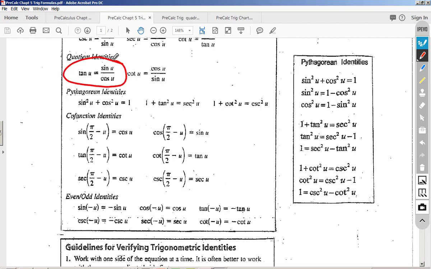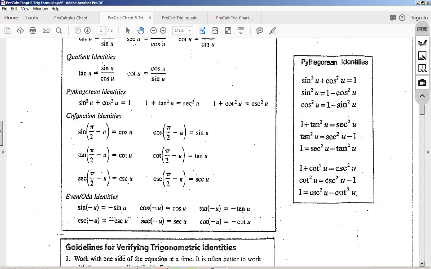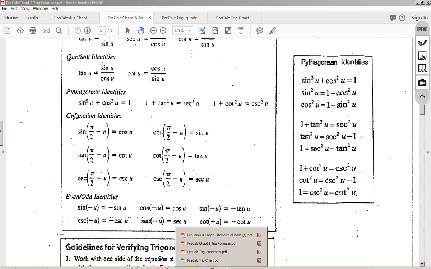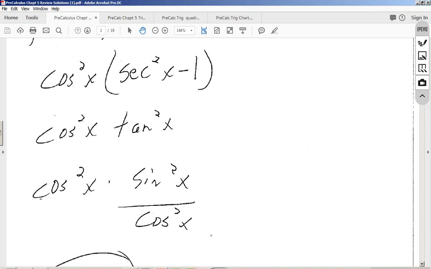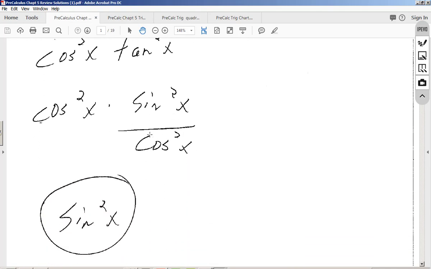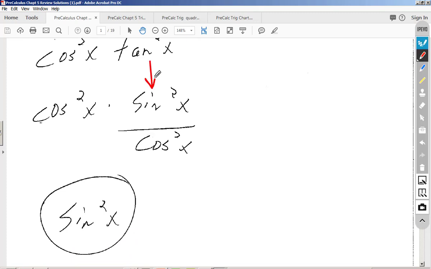So using that identity, I can go ahead and change this to sine squared over cosine squared. Now the cosine squared is going to cross out, and my answer is going to be sine squared of x. So the answer to number 1 is the sine squared of x.